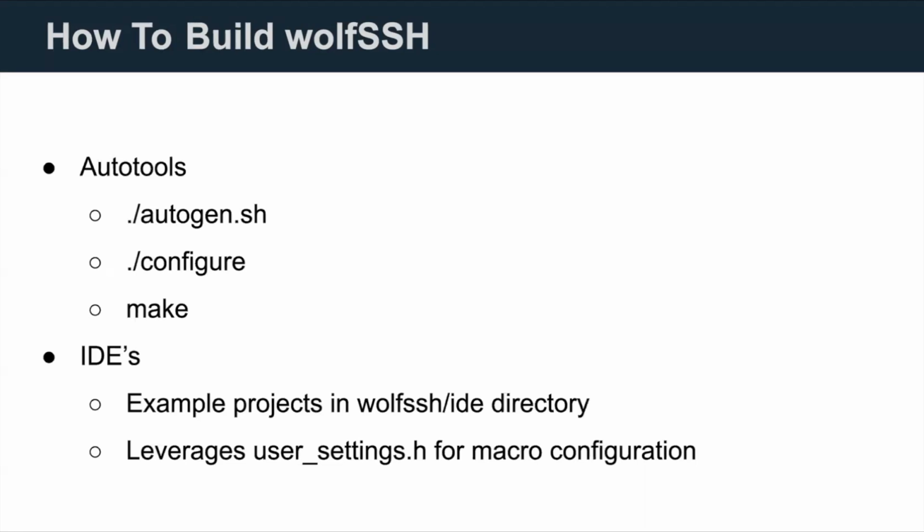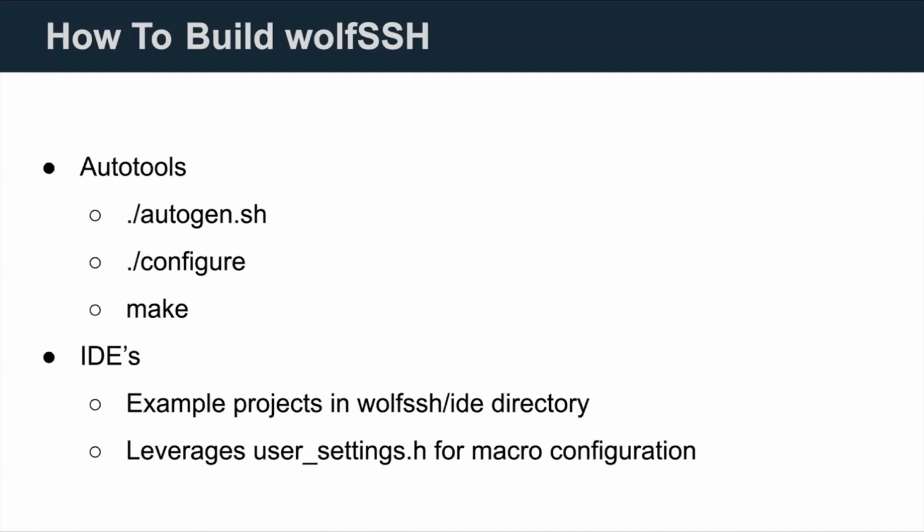The other common way to build wolfSSH is with IDEs. This is going to be things such as Visual Studio on Windows. We have a lot of example projects in our wolfSSH /IDE directory that can be used with a lot of the IDEs and environments that we've ported wolfSSH to.